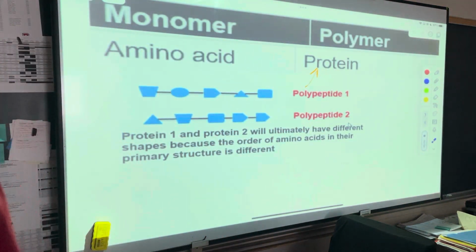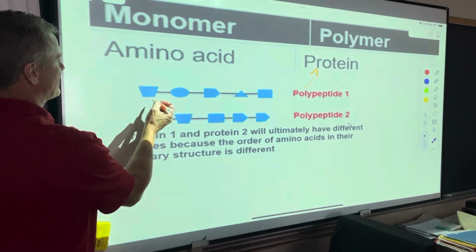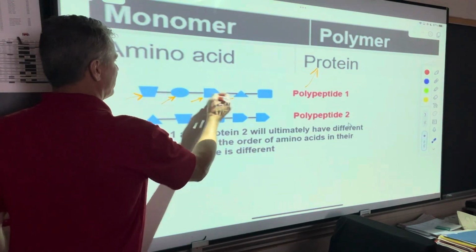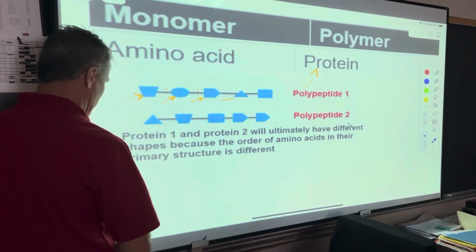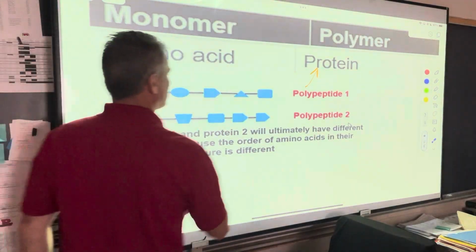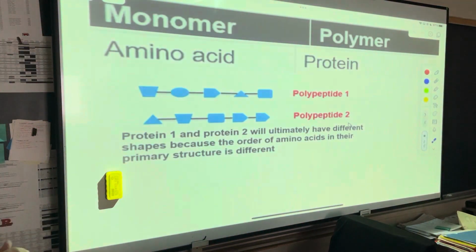Whenever you see polypeptide, don't let it blow your mind. You know this. This is called a peptide, and this is the bond. You put them all together, you get a polypeptide. You get a different arrangement, you get a different polypeptide, or a different protein.